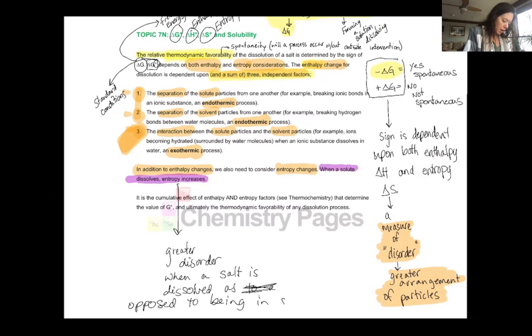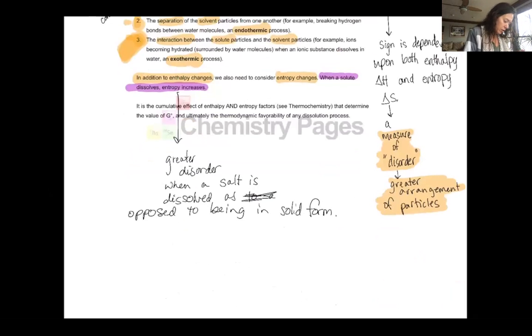I know that this probably doesn't make sense to you, and when it's appropriate, it probably will. So delta G, the overall determining factor if something is spontaneous or not, depends on the enthalpy and the entropy.